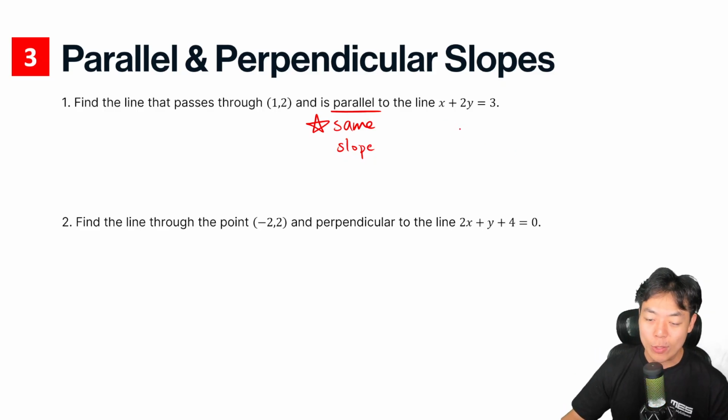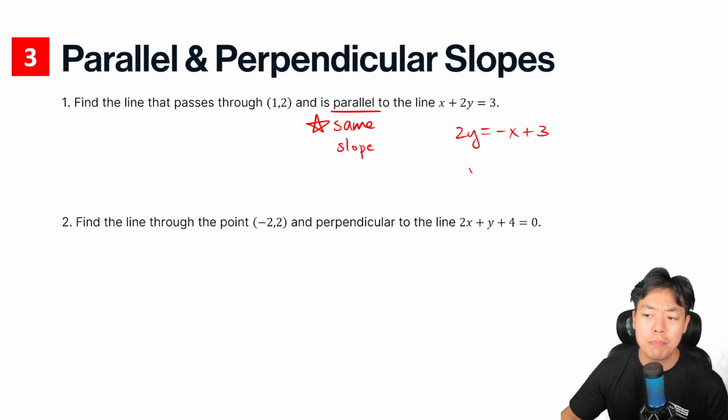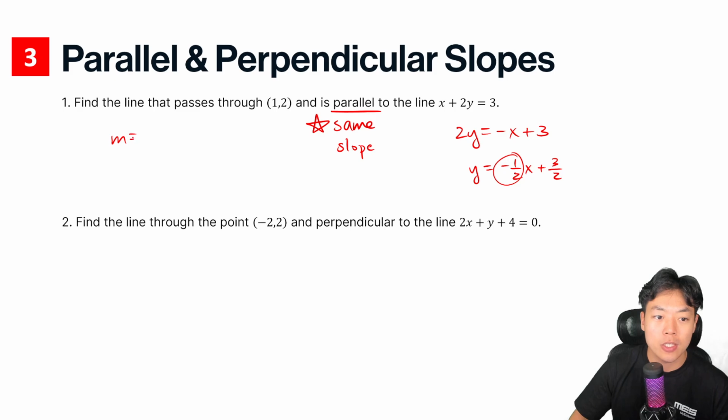So in order to get the slope, I need to put this into slope-intercept form. So we have 2y is equal to negative x plus 3, just simple inverse operations. We're only worried about this negative 1/2. So we know that the slope is negative 1/2. And this line passes through this new point 1, 2. This is where we write point slope form.